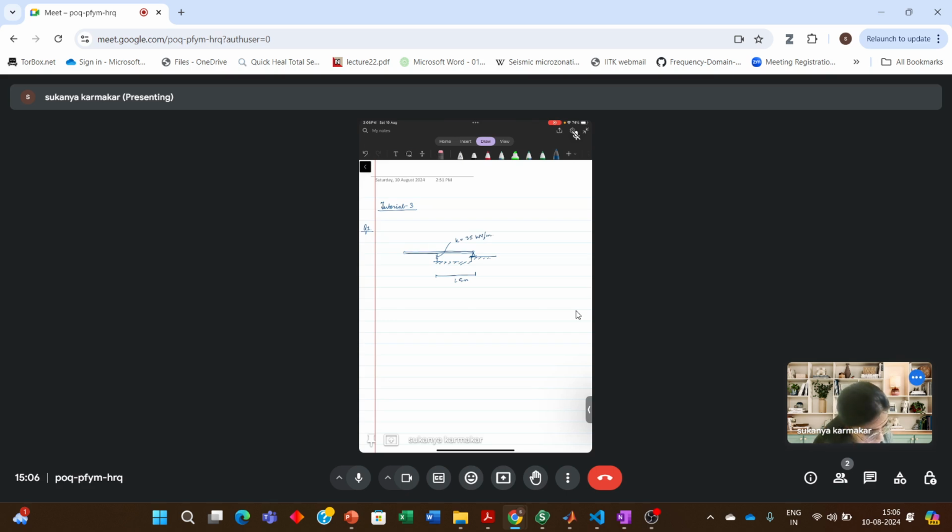And suppose the board ends here. Here you have water. Suppose there is a man standing at this point, and this is some 1.35 meter away.